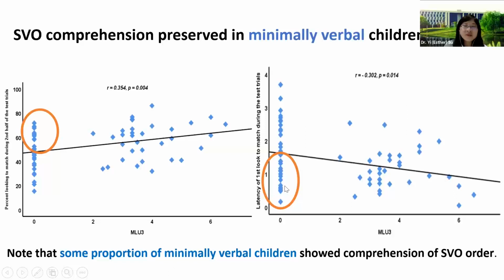And they also have a latency of first look, so they were able to look at the matching side within 1.5 seconds, or during the first half of the test trials. So this means some proportion of minimally verbal children showed comprehension of SVO word order, even though they are minimally verbal.